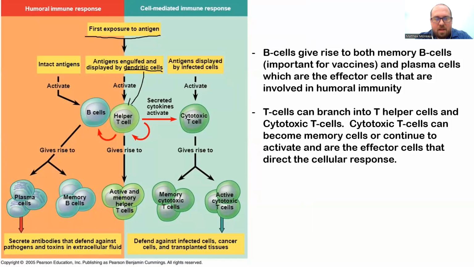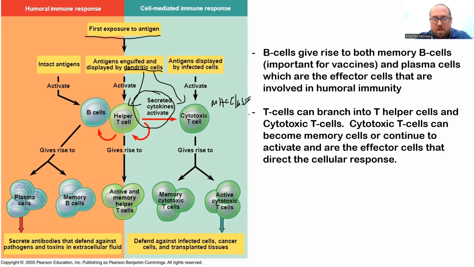DCs activate T helper cells. The T helper cells and activation of DCs to cytotoxic T cells all align for the activation of cytotoxic T cells if it is MHC class 1 in this case.